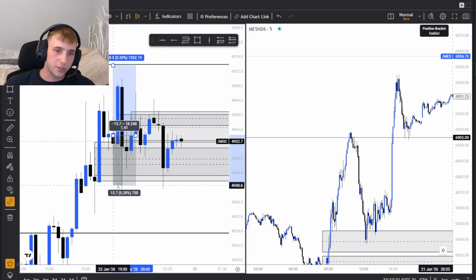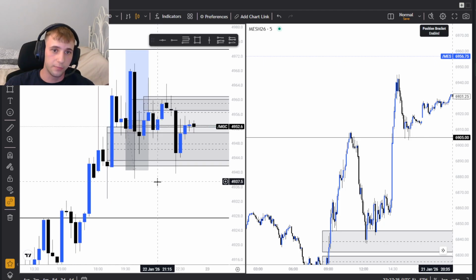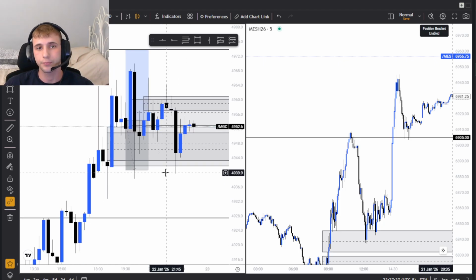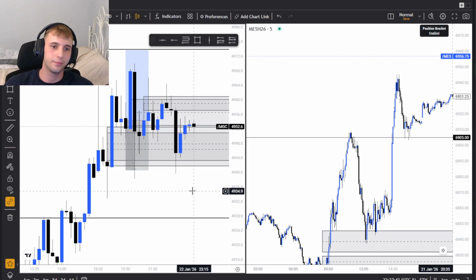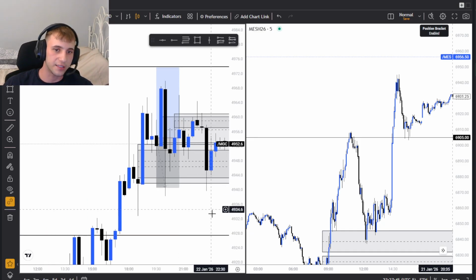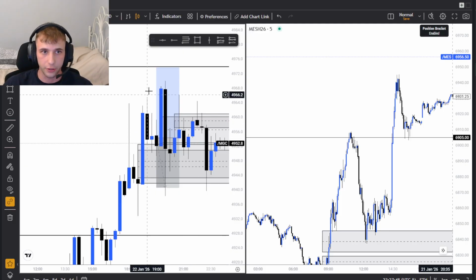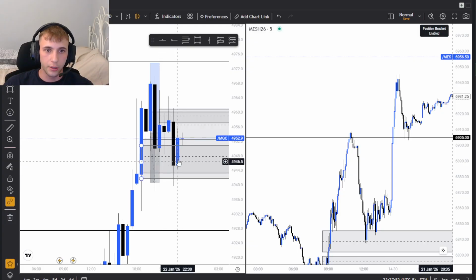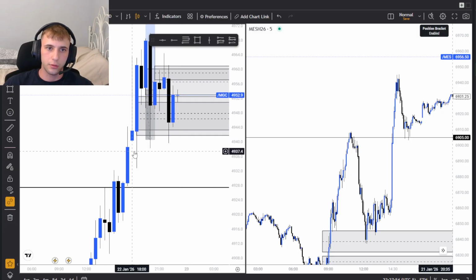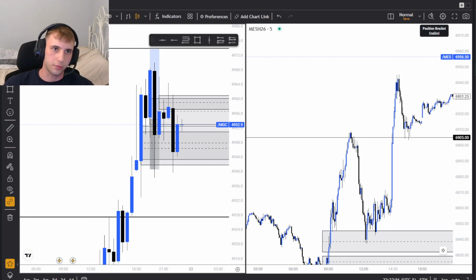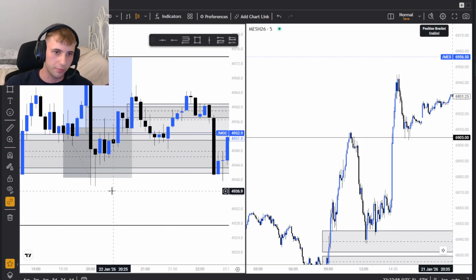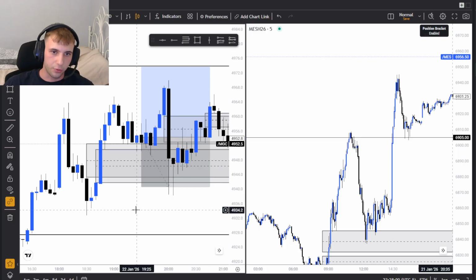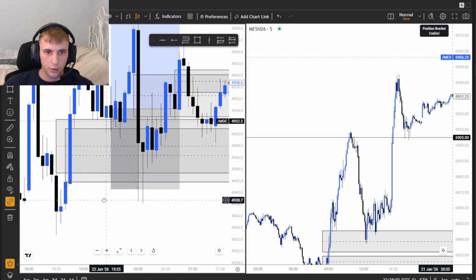Or maybe I just targeted a level that is too high time frame for this low time frame setup. Maybe I should have waited for a 30-minute, yeah, like this. Well, sometimes you just get cooked, but that's besides the point. That's not what I'm trying to show you.